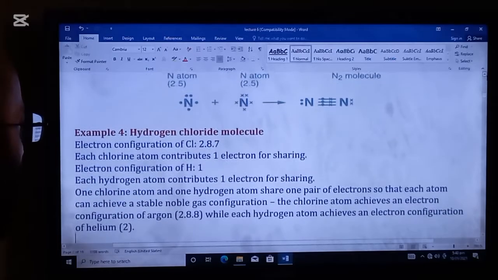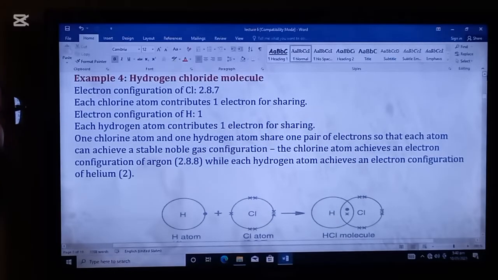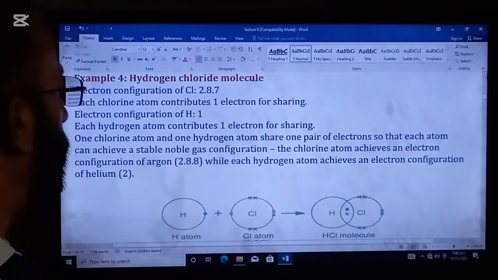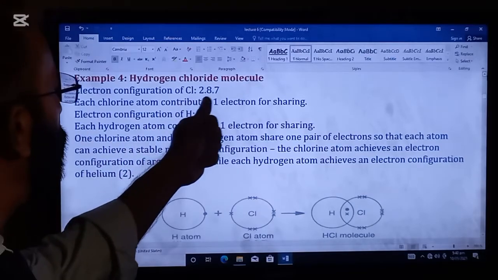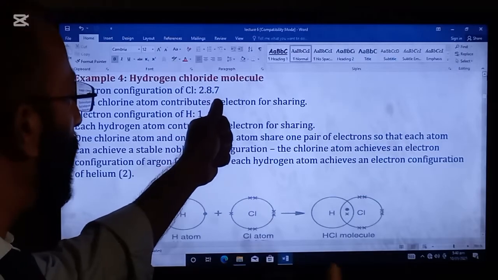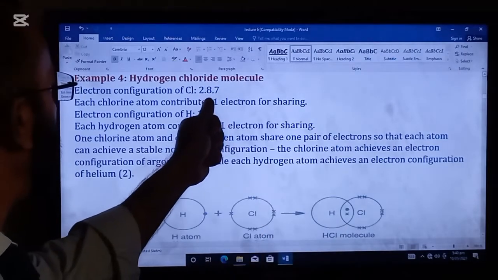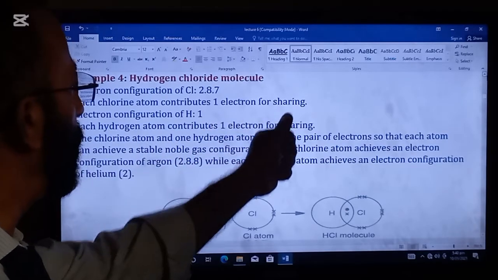Another example is here. Hydrogen chloride molecule. Electron configuration of chlorine is 2,8,7. From here we can see chlorine requires 1 electron to achieve noble gas configuration. So that's why each chlorine atom contributes 1 electron for sharing.